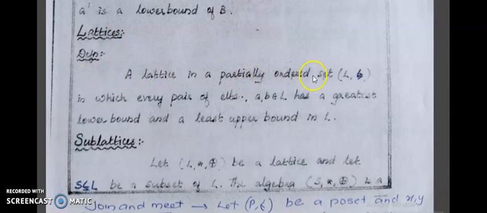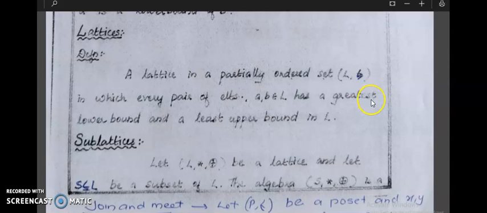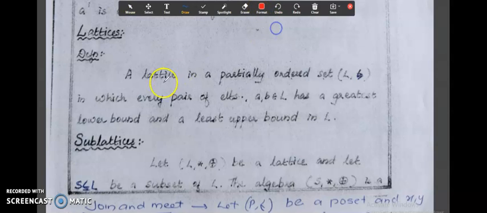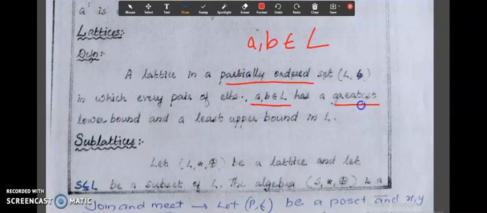A lattice is a partially ordered set L in which every pair of elements a, b in L has a greatest lower bound and a least upper bound in L. So in lattices we can take it as a partially ordered set in which every pair of elements a, b in L, if you take any element a, b of the set L, it should have a greatest lower bound and a least upper bound in L. The set L should have a greatest lower bound and a least upper bound. Then we say that set is a lattice.